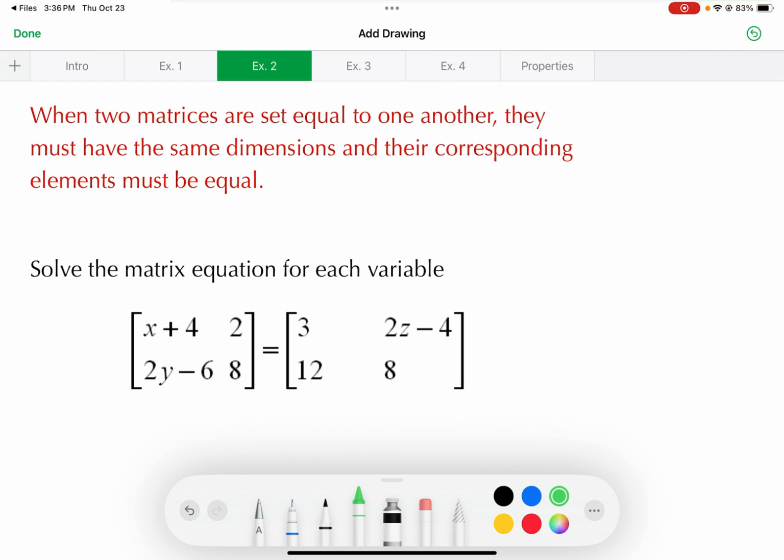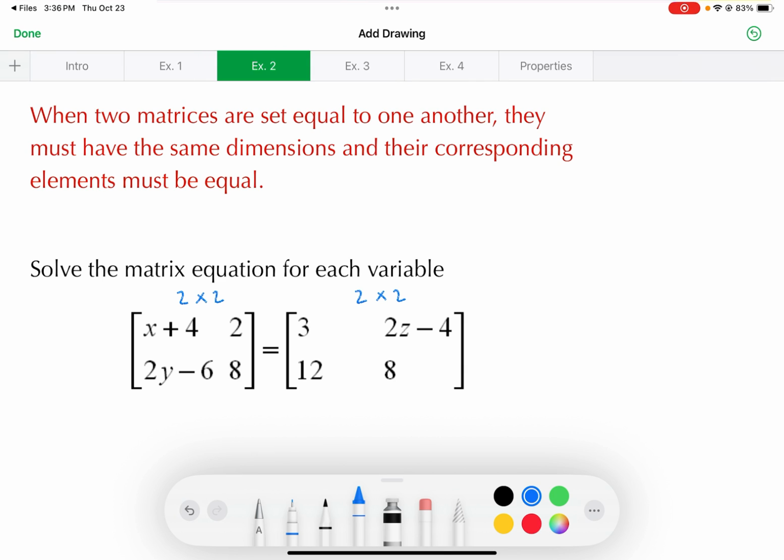All right, now let's start performing some operations on matrices and doing some different things with them. So first here, we're going to be setting 2 matrices equal to each other. For them to be equal, they have to have the same dimensions. So in this example, I have a 2 by 2 matrix, 2 rows, 2 columns, equal to another 2 by 2 matrix.